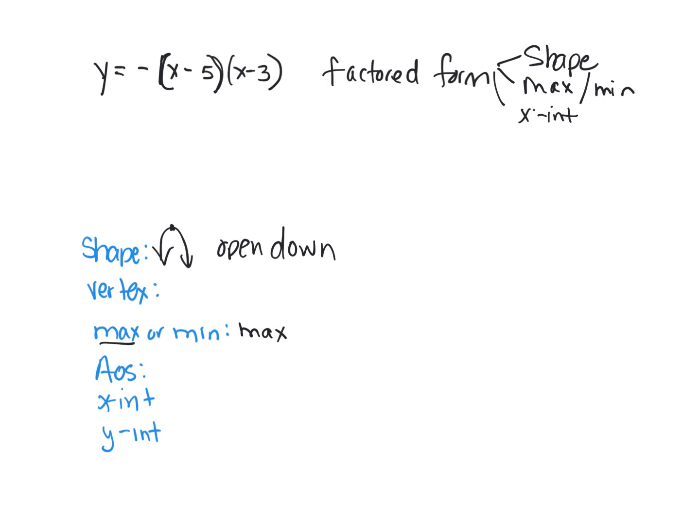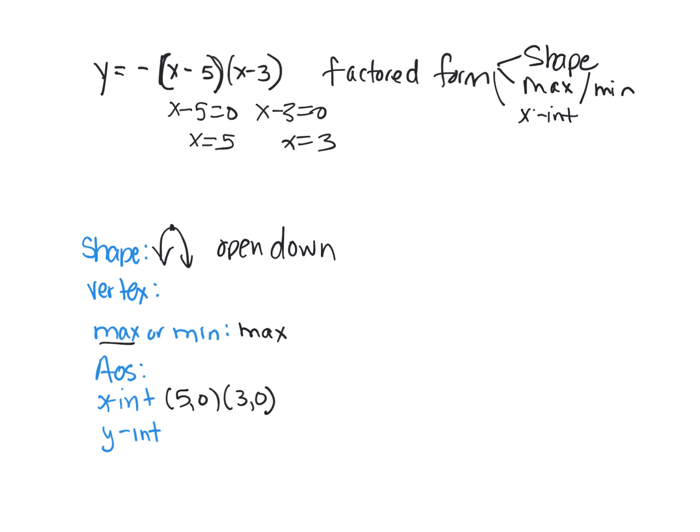And so I do that using that zero product property that takes our factors, sets it equal to 0, and tells us that we have an intercept at (5, 0), and an intercept at (3, 0). So once again, from factored form, I'm able to determine the shape, whether then the vertex is going to be a max or min, and then my x-intercepts.